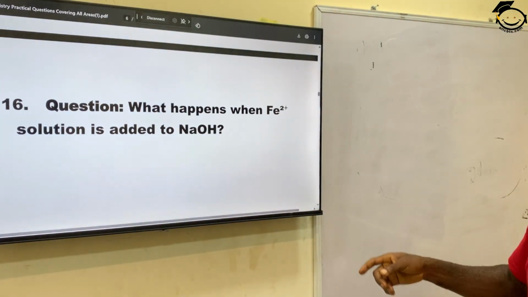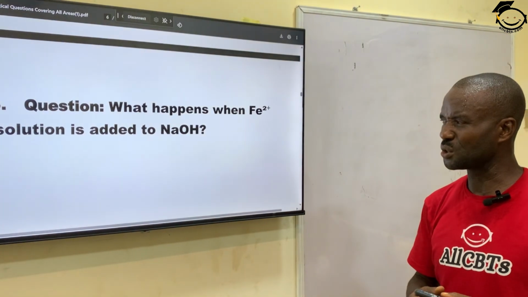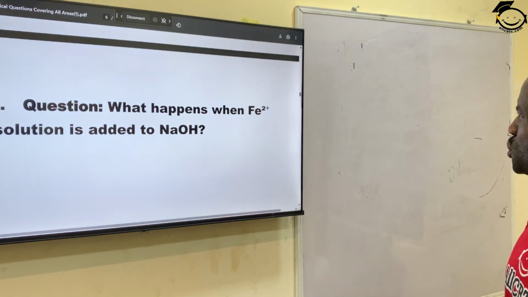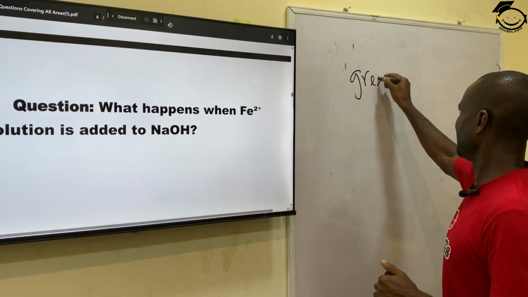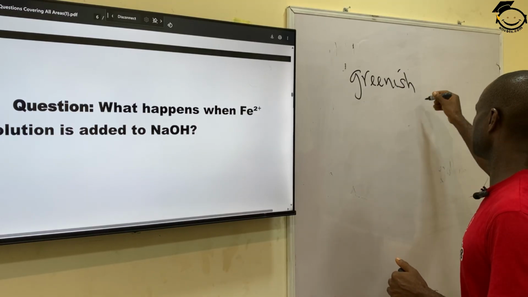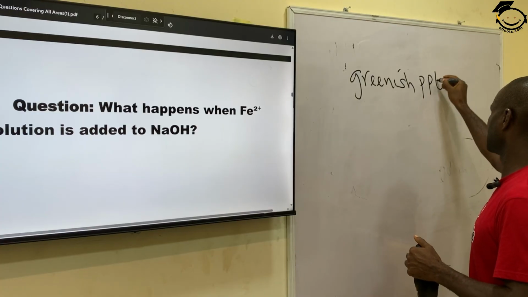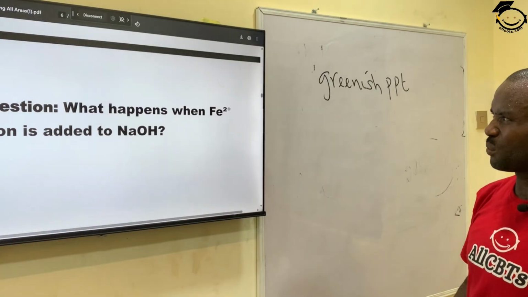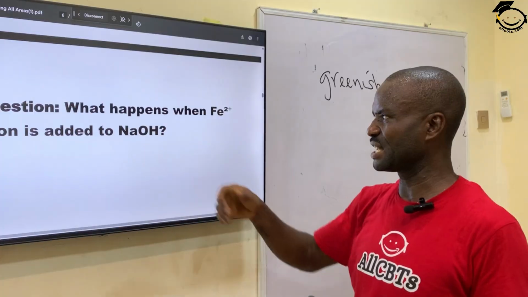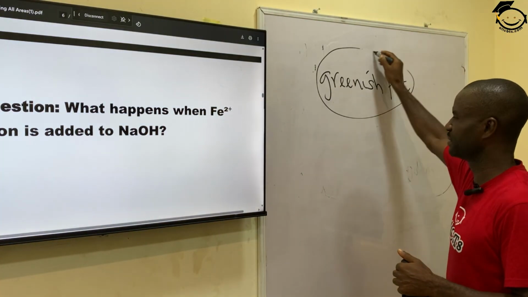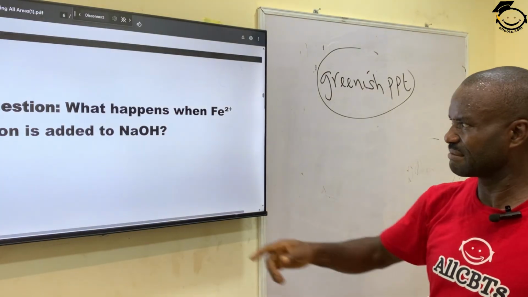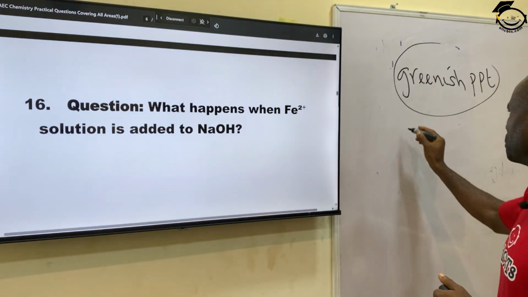If you add a few drops of sodium hydroxide to iron II, a greenish precipitate will be given, which is insoluble in excess sodium hydroxide. A greenish precipitate identifies iron II.